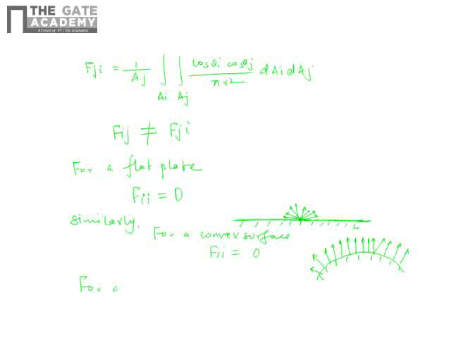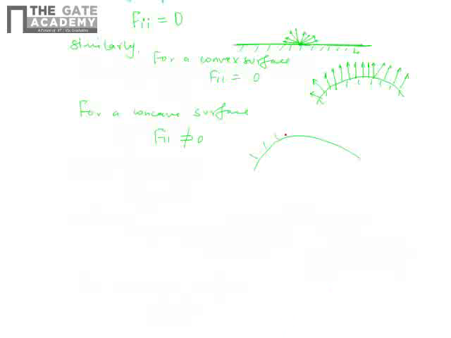But for a concave surface, Fii is not equal to 0. If this is emitting, this can strike. So the view factor of a concave surface with itself is not equal to 0.